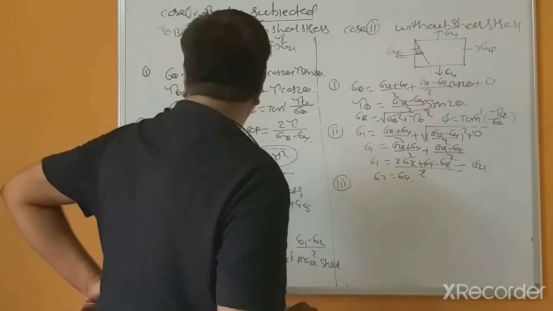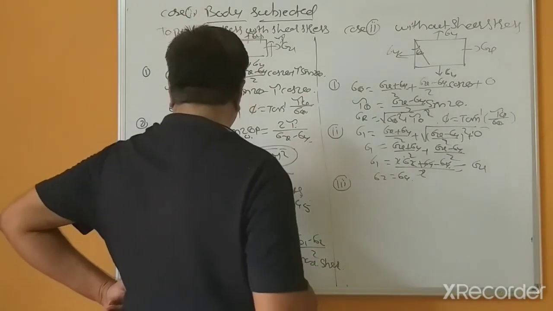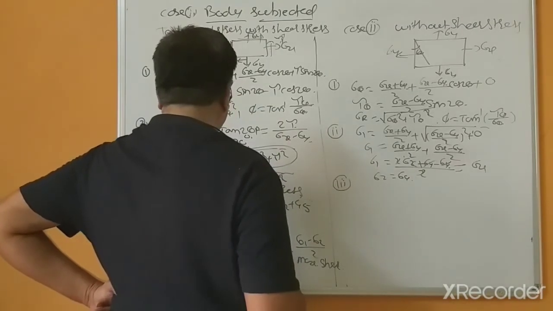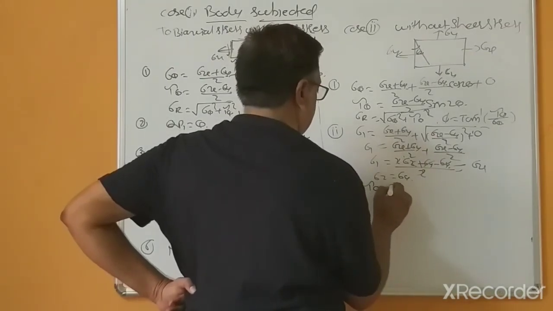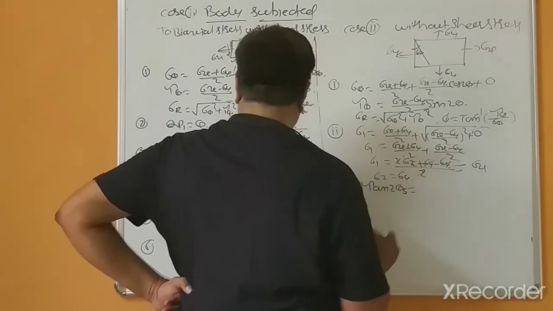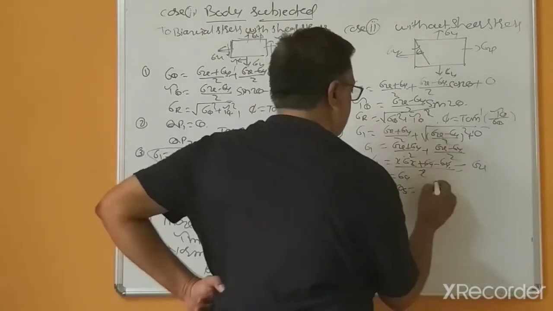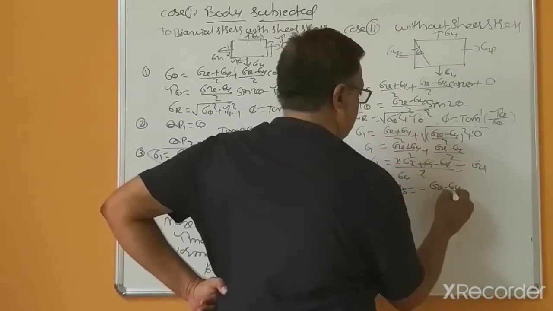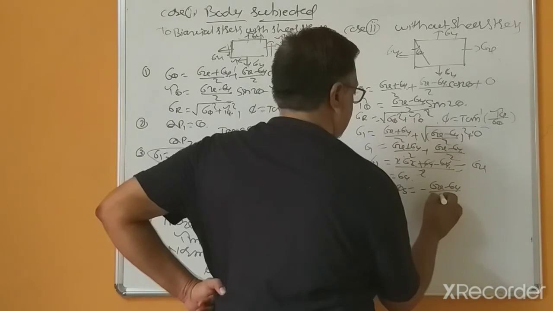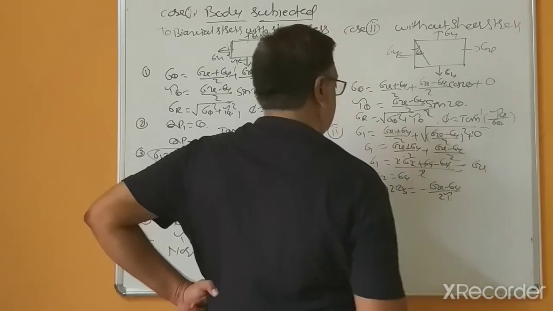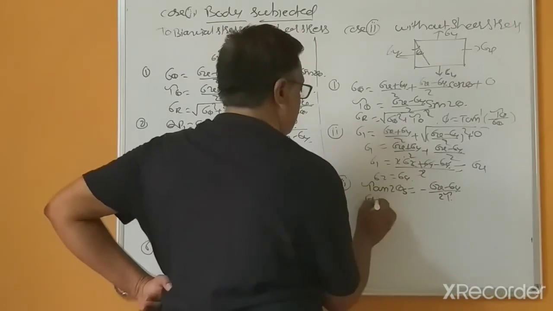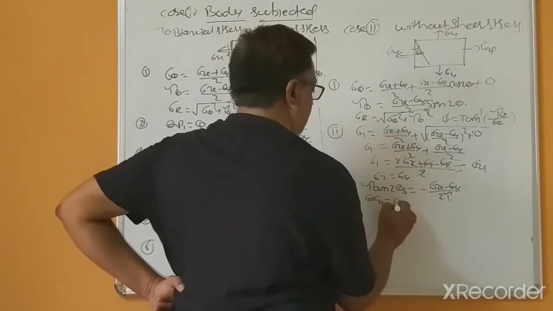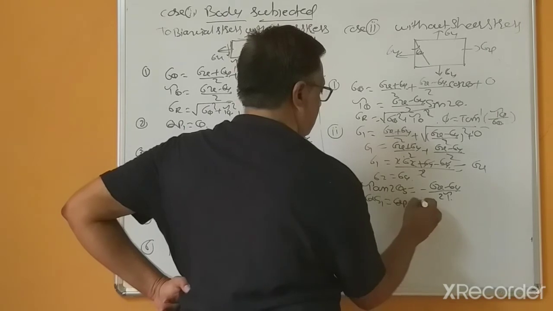Third bit, directions. Tan 2 theta s1 equals minus sigma x minus sigma y. Otherwise theta s1 equals theta p1 plus 45.